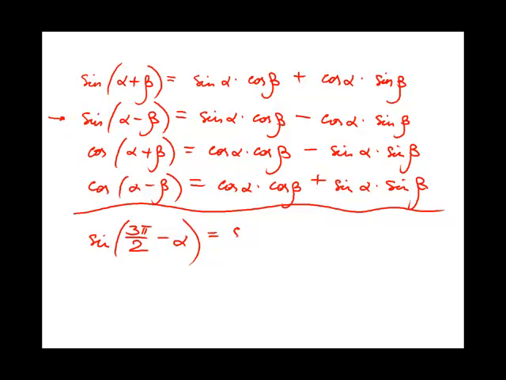Sine of the first angle, which is 3 pi over 2, times cos of the second angle, which is alpha, minus cos of the first angle, 3 pi over 2, times sine of the second angle, which is alpha.